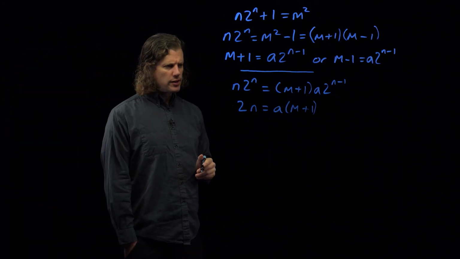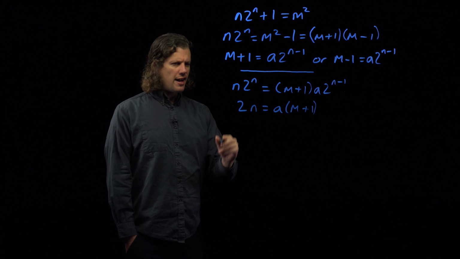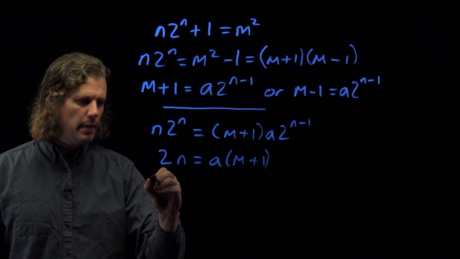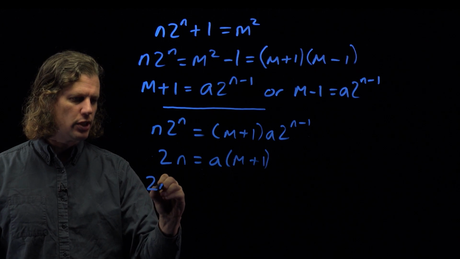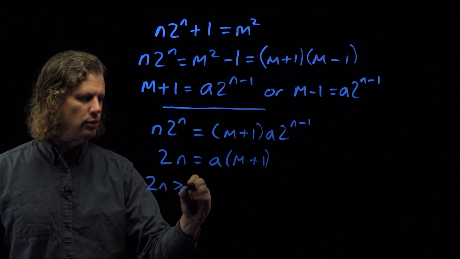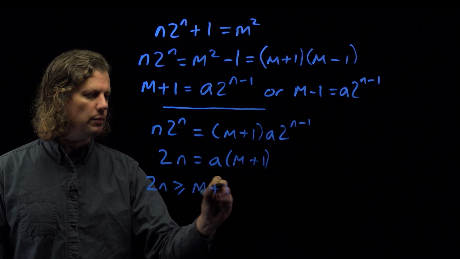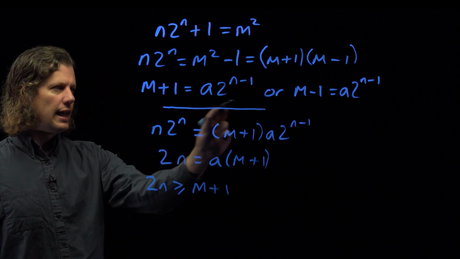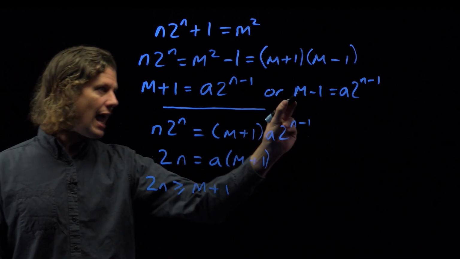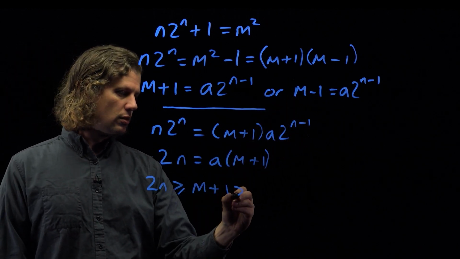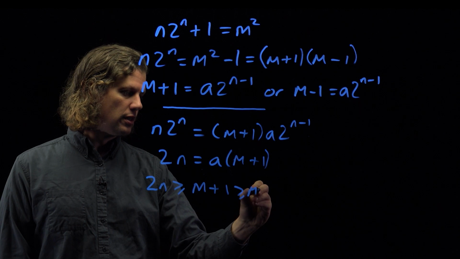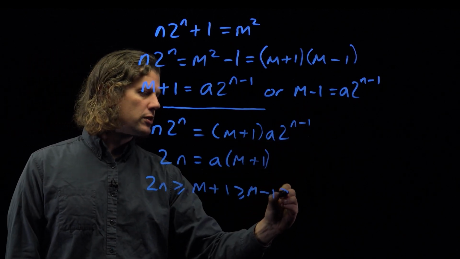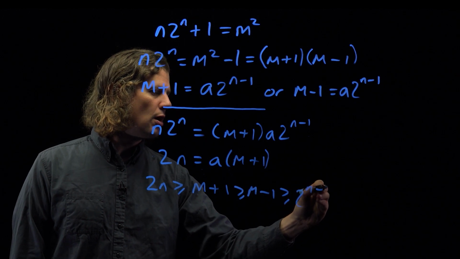Now we're in an interesting situation. The fact that 2n is equal to a times m plus 1 means in particular that 2n is greater than or equal to m plus 1. But this formula here tells us that m plus 1, which is of course bigger than m minus 1, is greater than or equal to 2 to the n minus 1.